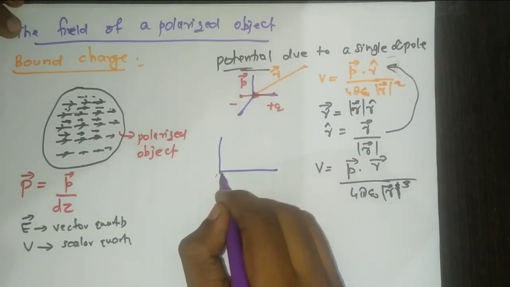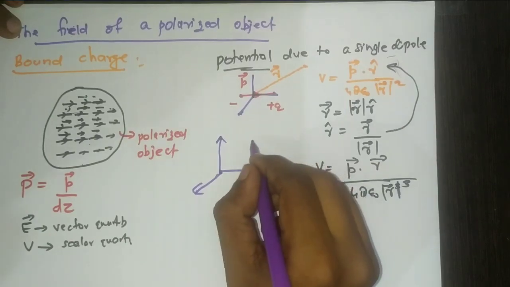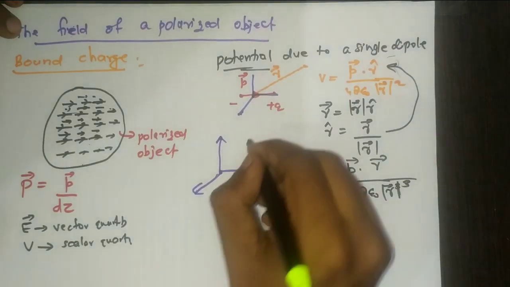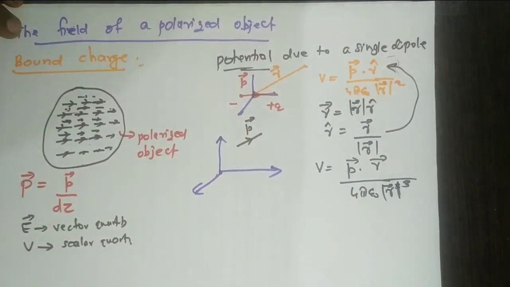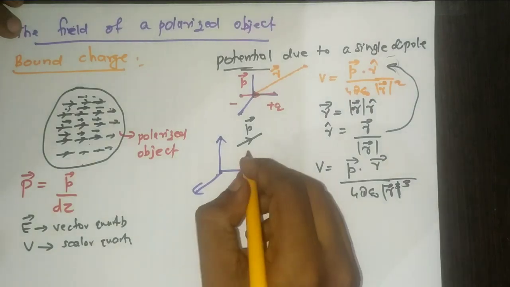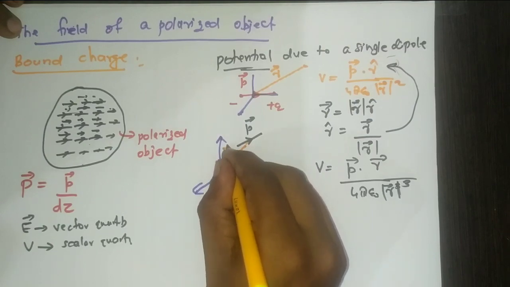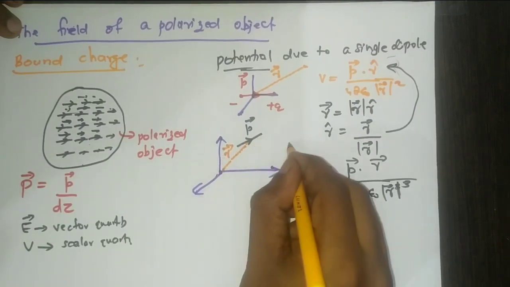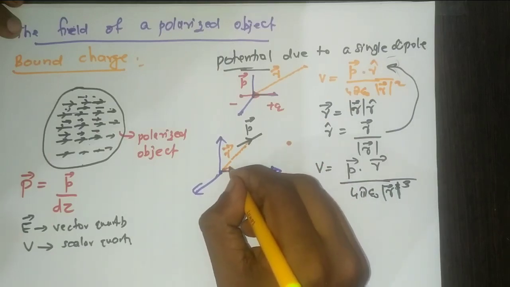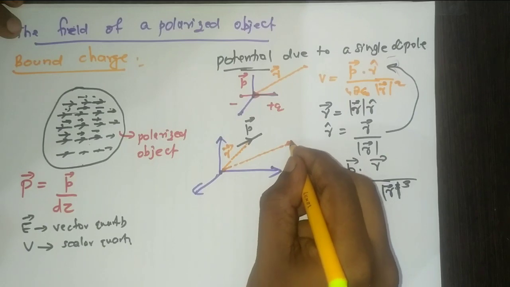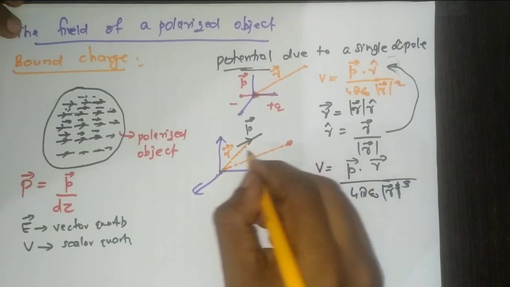If this is a coordinate system, and this is a dipole p, this dipole p is at a distance, and this is the point P where we are interested to find the potential due to this dipole.